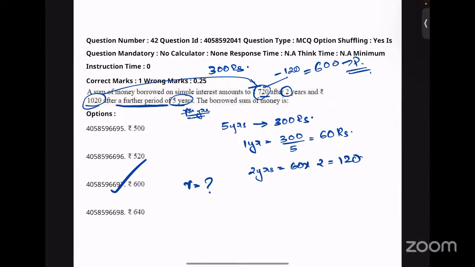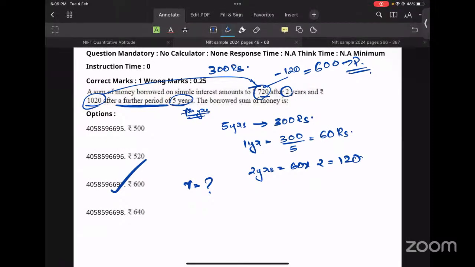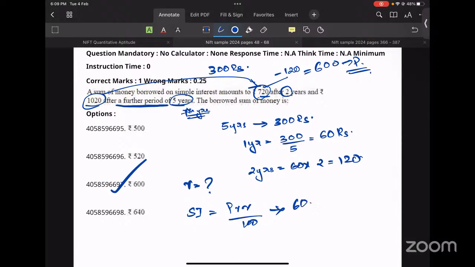So simple interest has a formula: SI equals PNR by 100. So what is the interest? 60 rupees. Principal, 600 rupees. Rate is unknown.